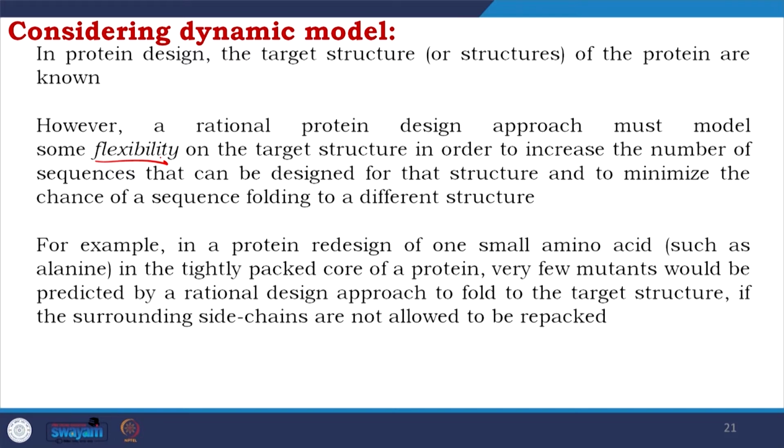So, what I am trying to say, suppose you have a small amino acid and this is your structural periphery.